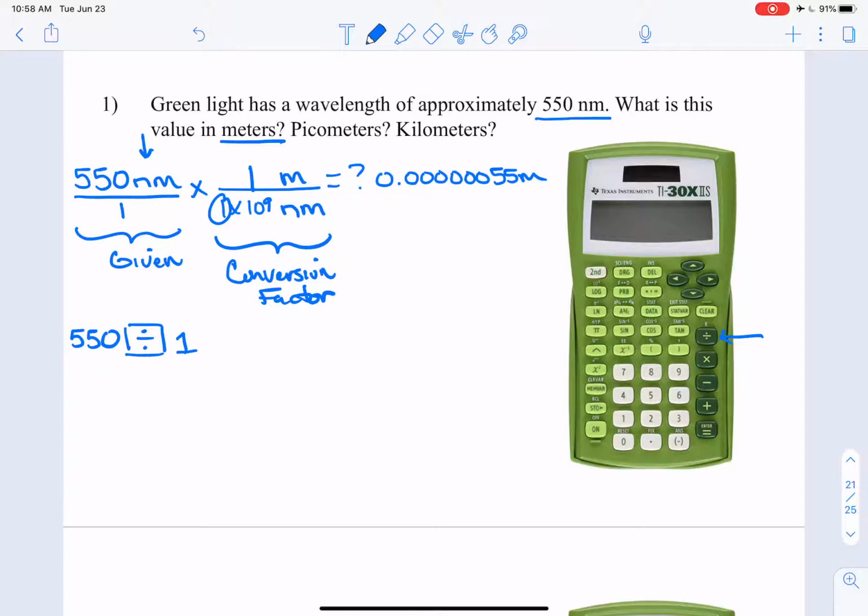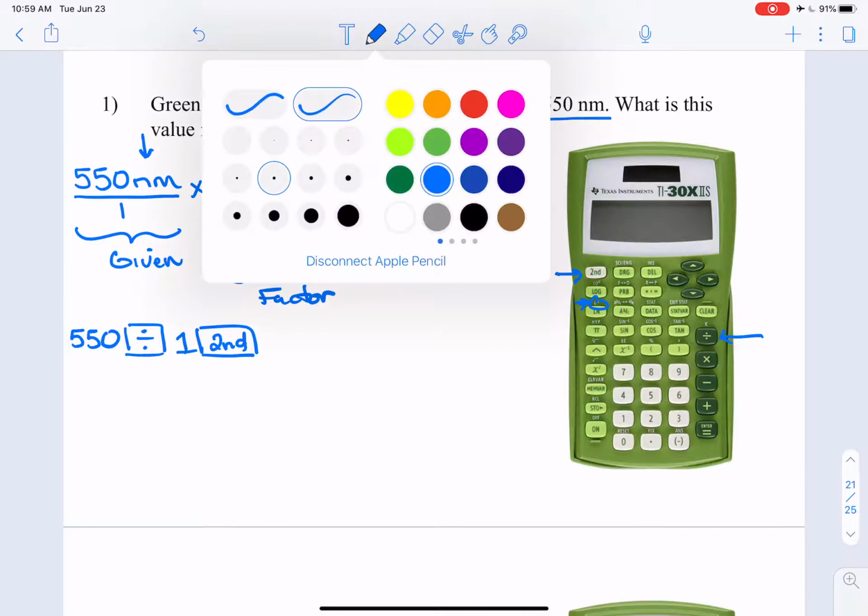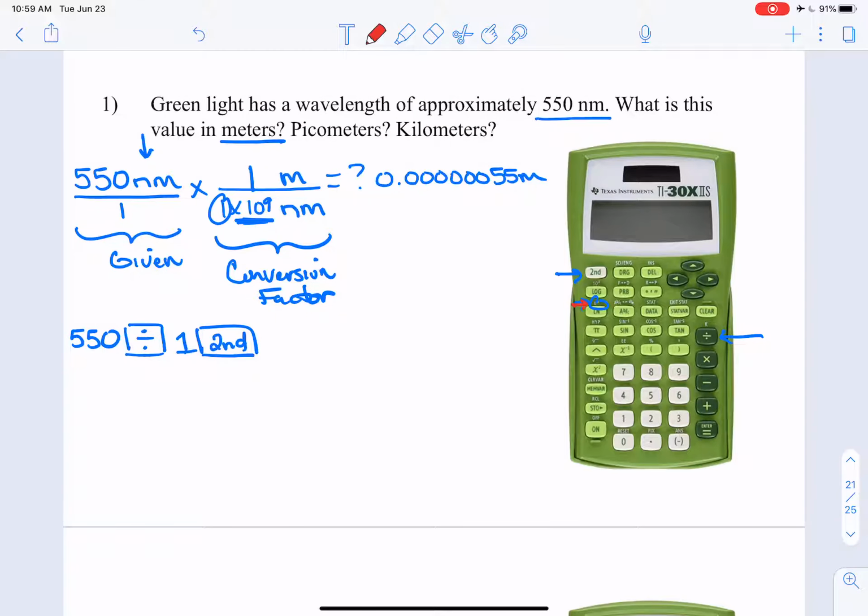And then you're going to hit the second key, which is up there. So we're going to do, and right now we're trying to do this times 10 to the ninth. So 1, and then hit the second key. And what the second key does is it allows you to go above. It allows you to go to the top of your button. And what we're looking for is the little EE portion above your x to the -1 button.